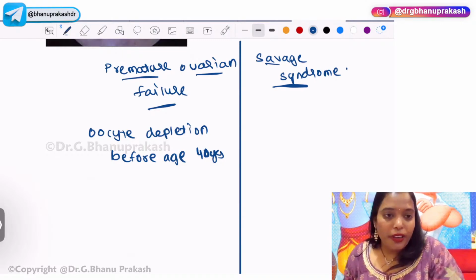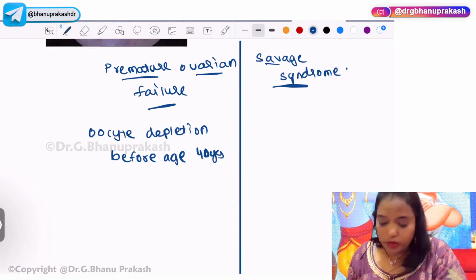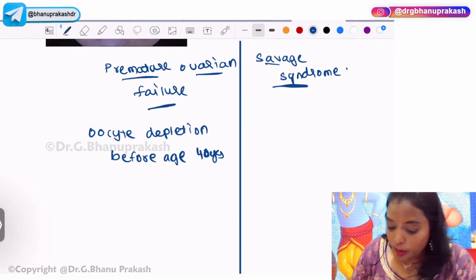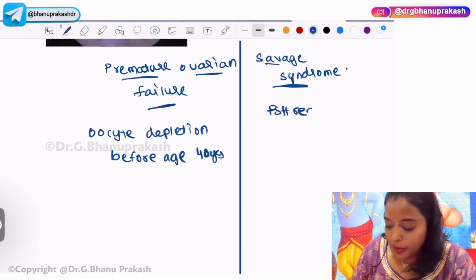Savage syndrome is FSH receptor mutation, and can be sporadic.